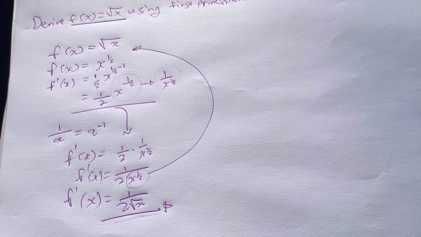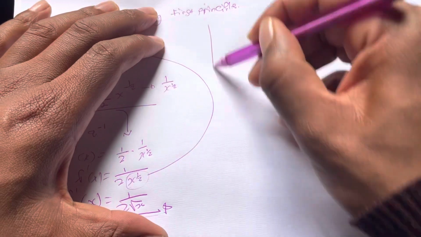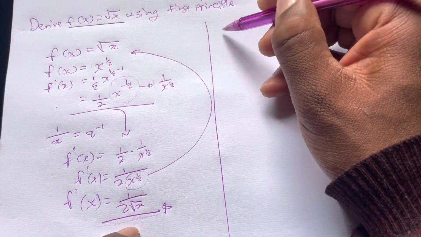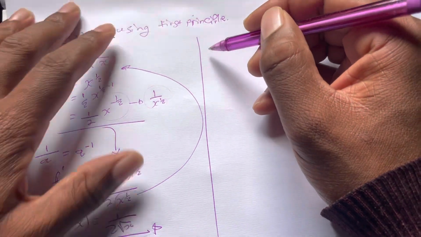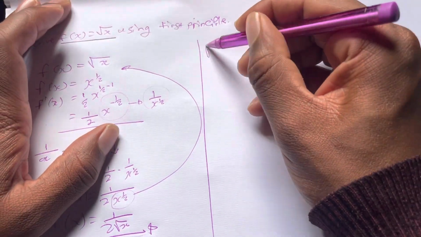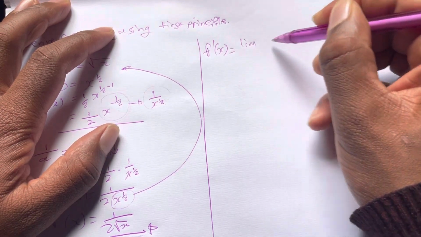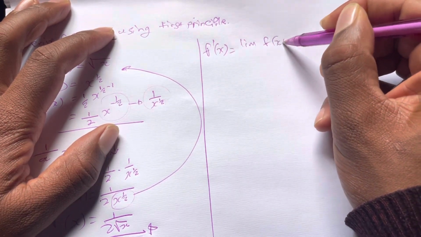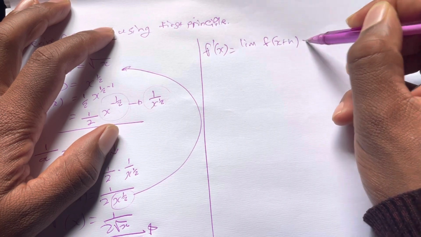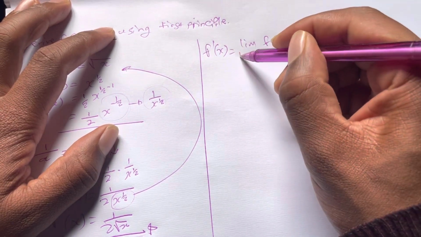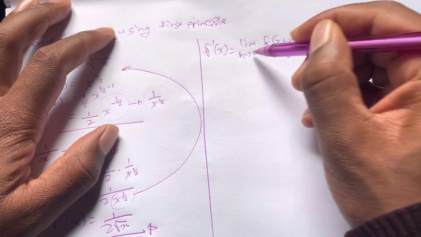So now let us derive using the first principle, looking for this answer. So the first principle formula is f derivative of x equals limit of f of x plus h minus f of x all over h as h approaches 0.